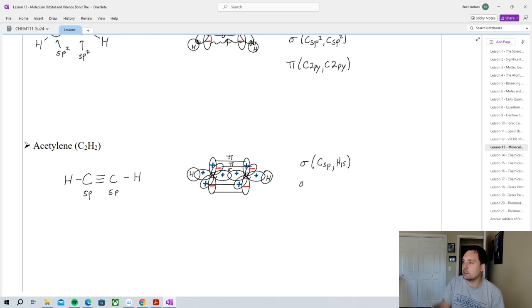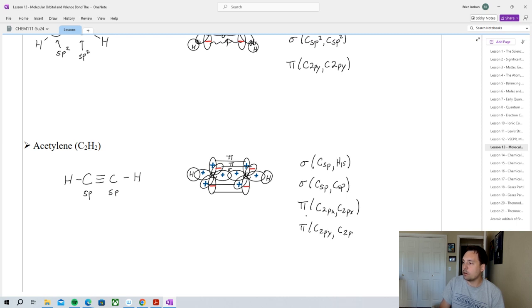We have the sigma bond between the carbons, which is a carbon sp overlap with a carbon sp overlap. And then we have the pi bonds, which occur between the carbon 2px and 2px, and then the overlap between the carbon 2py and 2py.